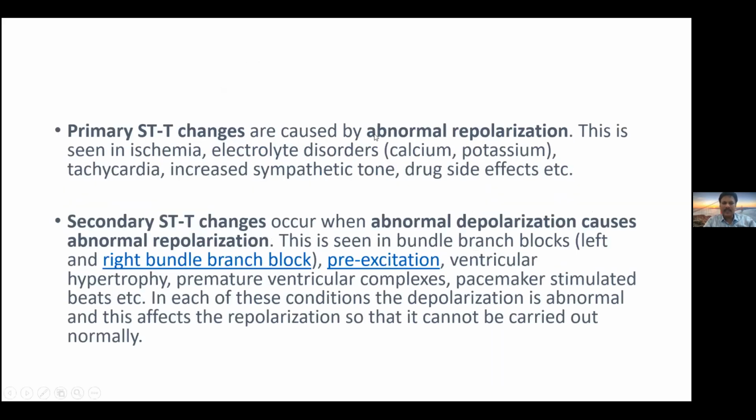Primary STT changes mean there is abnormal repolarization.